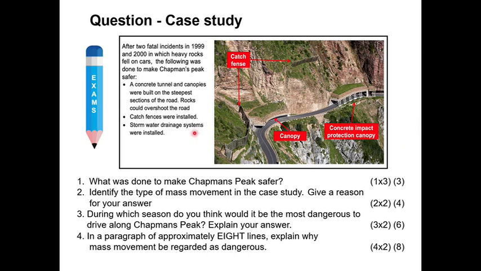All right. Then, secondly, catch fences were installed. Look at these catch fences here. So why catch fences? If you get a stone rolling down here, the catch fence will prevent it from reaching the road at the bottom. Right? And then, very important, stormwater drainage systems were installed in the slopes there.